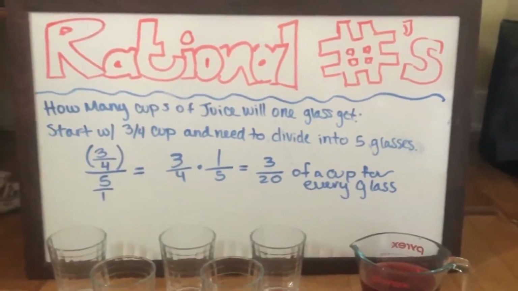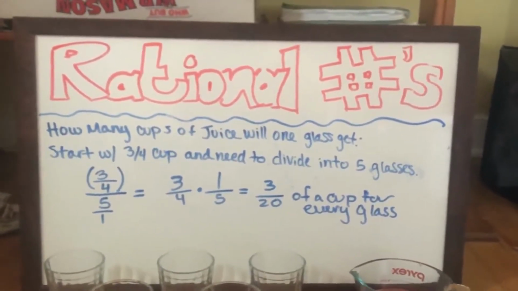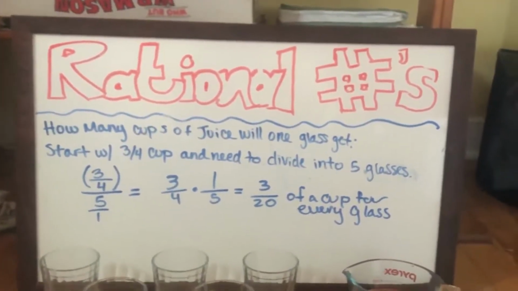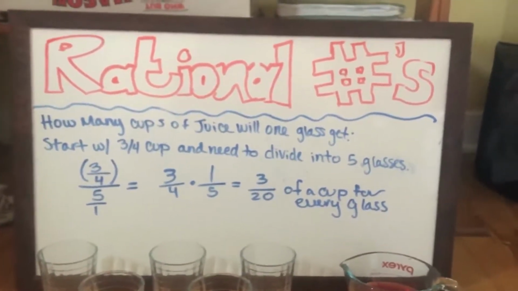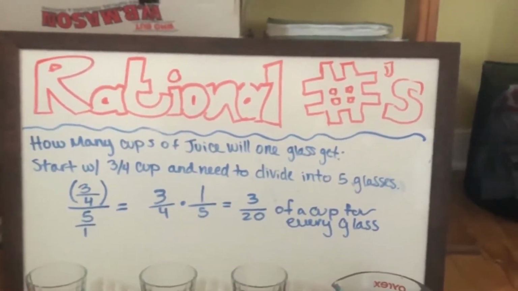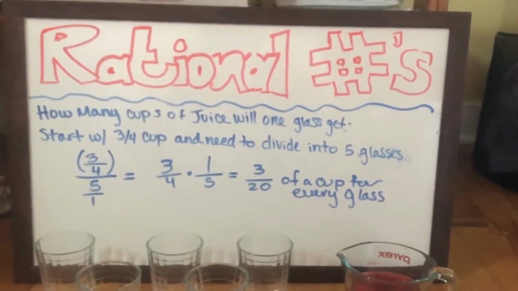Okay, so we have the question, how many cups of juice will one glass get? Well, we started with 3/4 cup, and now we need to divide it into 5. So 3/4 divided by 5/1 is equivalent to 3/4 times 1/5 by the reciprocal rule.